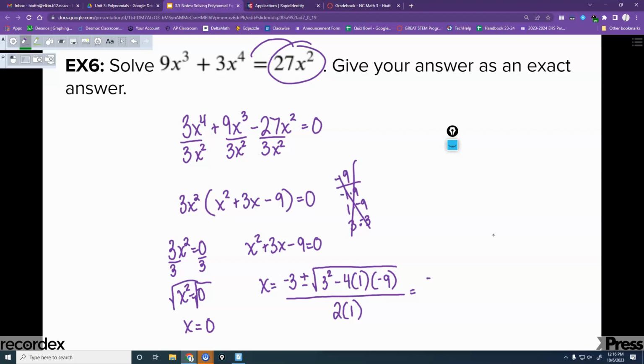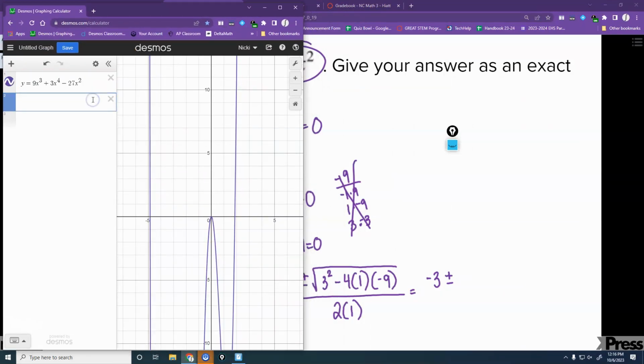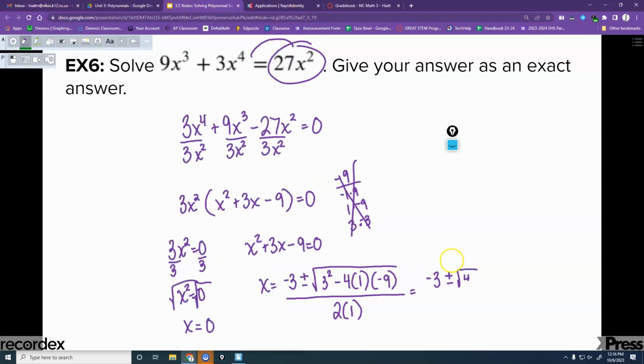So we'll do negative 3 plus or minus, and we can take Desmos or your calculator, either one, and just put the stuff under the square root, the 3 squared minus 4 times 1 times negative 9. We're going to get 45, all over 2.